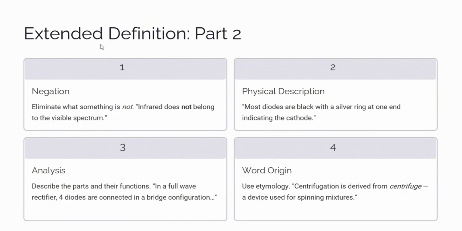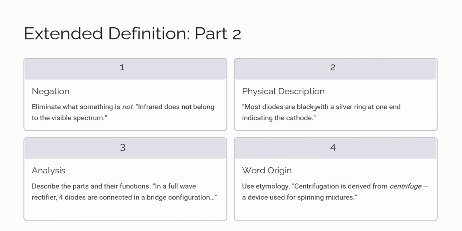Another way you can do extended definition is physical description. Most diodes are black with a silver ring at one end indicating the cathode. You are describing the diode physically so that people can have an understanding of what you are talking about, and that becomes an extended definition.